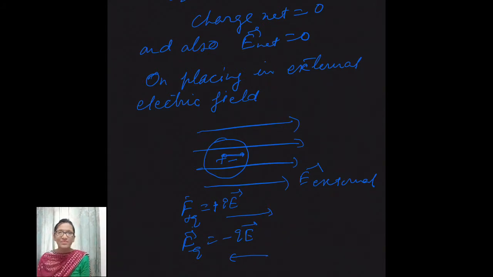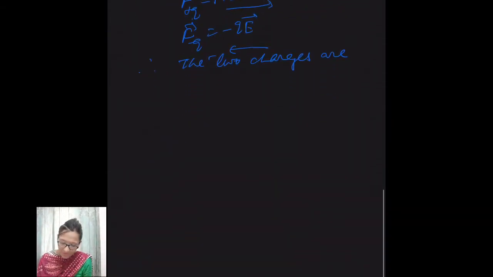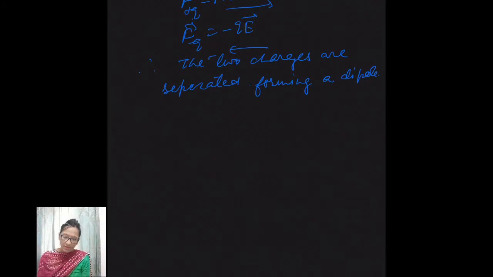You can see positive charge experiences force in one direction and negative charge experiences force in another direction, and due to this the two charges are separated, forming a dipole. So generally we have dipoles only.